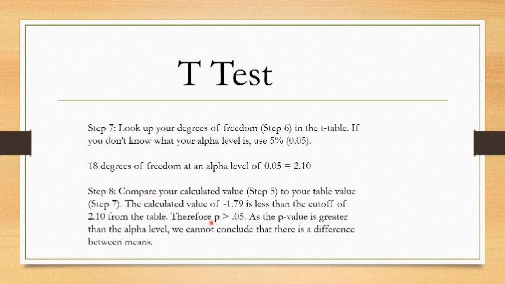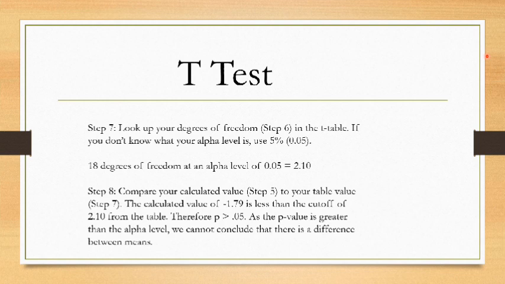Step 8, compare your calculated value on step 5 to your table value of step 7. The calculated value of negative 1.79 is less than the cutoff of 2.10 from the table. So therefore, P is greater than 0.05 as the P value is greater than the alpha level.